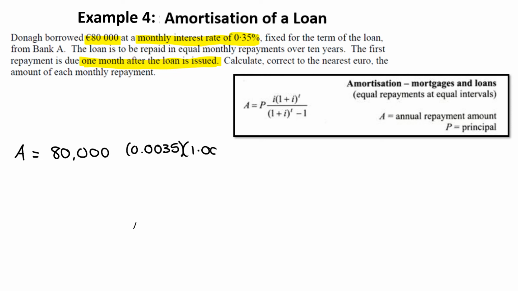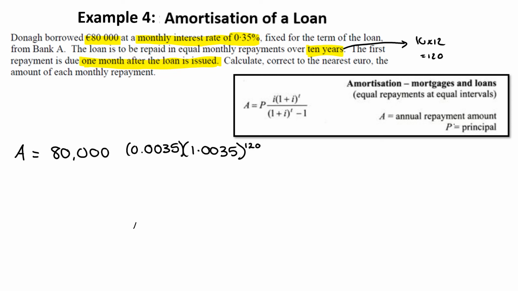So just be very careful with that. So to the power of t, so we're talking about a 10-year loan. Apologies, I never highlighted that. So 10 years, and when we talk about 10 years, monthly, we're doing 10 by 12, which is 120 months.